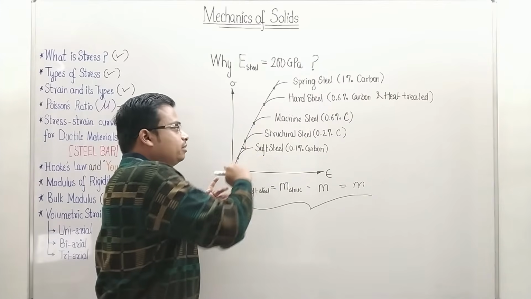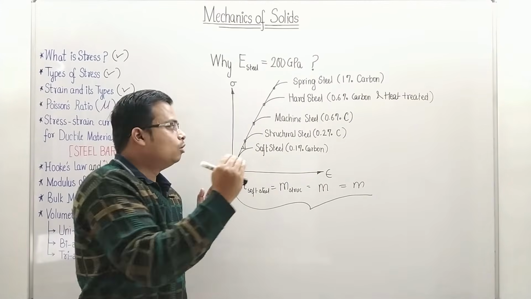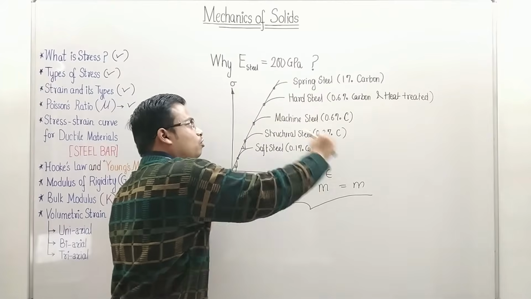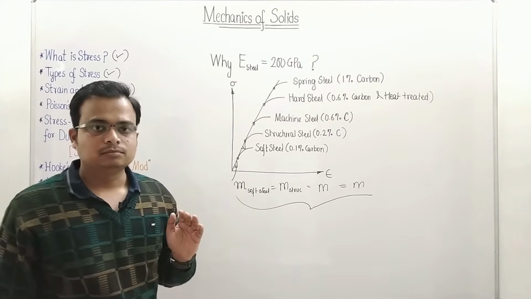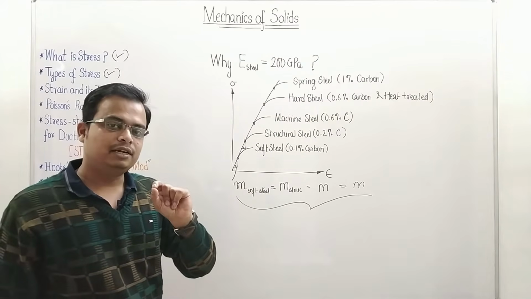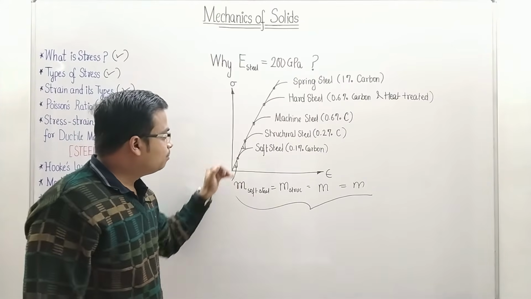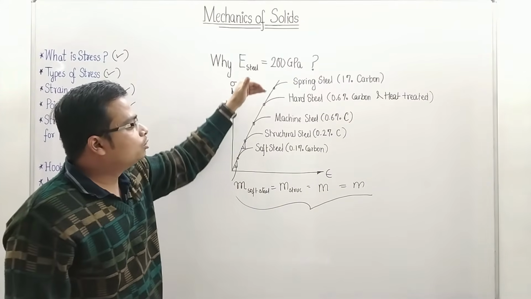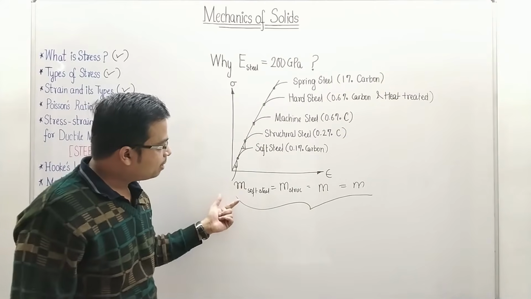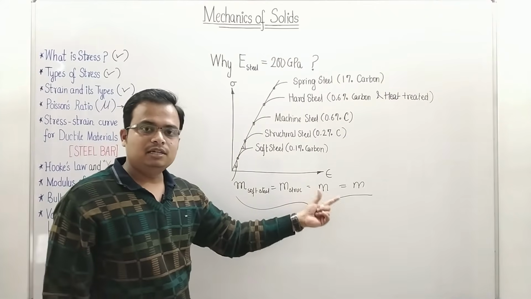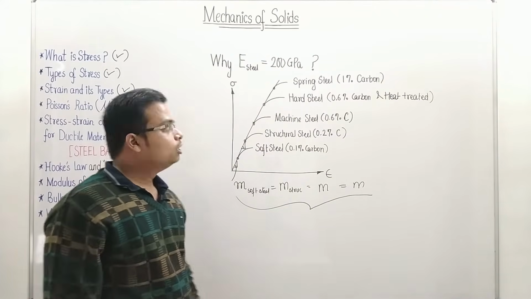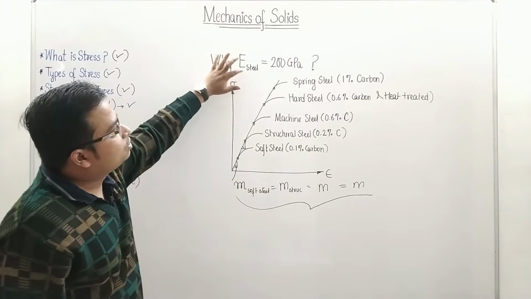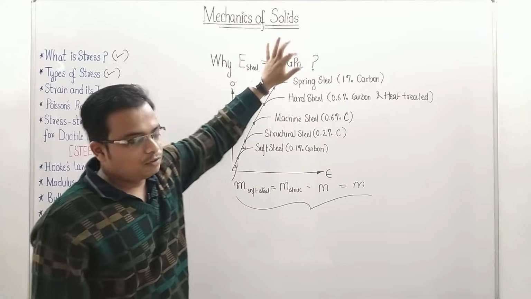Then the pattern might change. Their ultimate strength value will gradually keep on increasing, going from soft to spring steel or hard steel. But the one thing that remains constant is the characteristic before the proportional limit for all of them, which is represented by Young's modulus, which is nothing but the slope, right? So this was the main reason why the Young's modulus for steel works out as 200 gigapascal.